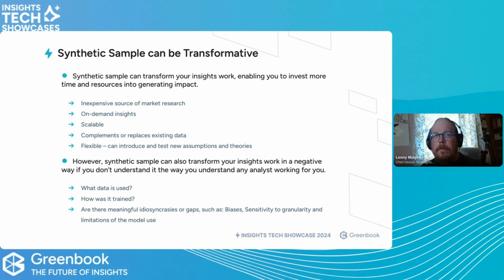But we need to be careful, again, as we said, understand how we're working with it, what data is used, how is it trained, are there gaps we need to work with, biases. Some of you may have seen recently the issue as Google rolled out their Gemini product, that there were some obvious biases that were introduced into the platform, particularly with their image generation. That was a live beta test.